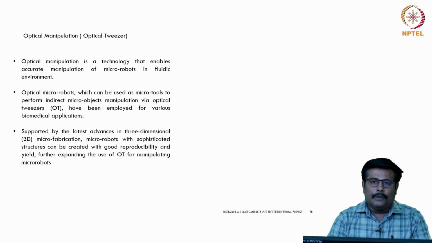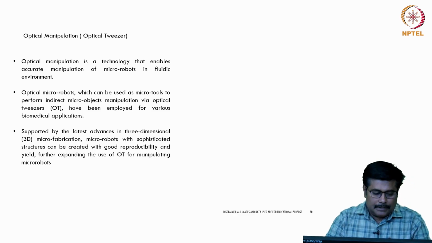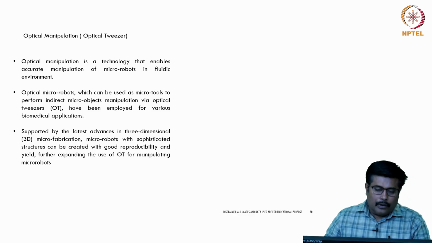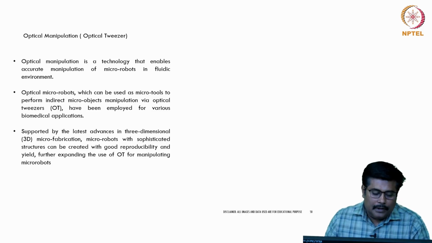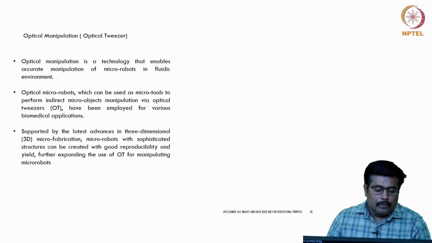So, these optical micro robots can be fabricated using a shape change material such as light sensitive polymers, and the deformation of the material can lead to deformation of the micro robot's body component, and therefore they can control the movement of the micro robot.